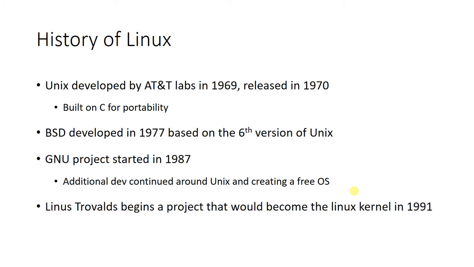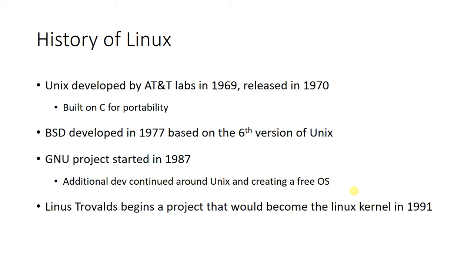Now Linus Torvalds began this project in 1991 that isn't originally called Linux, but it becomes what we now know today as the Linux kernel. And so that's kind of how things begin at a very high level.